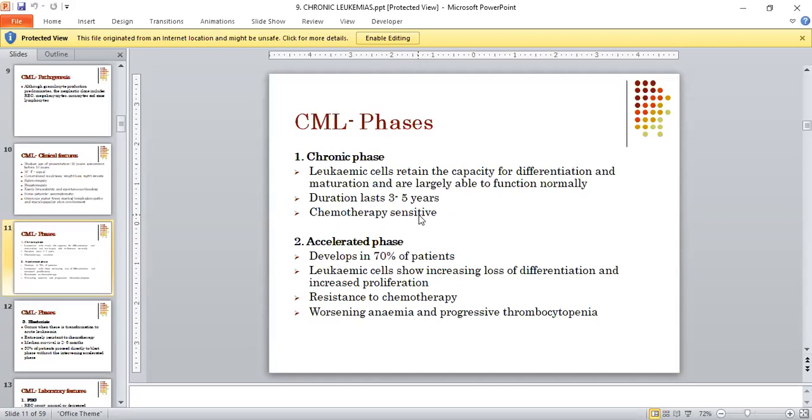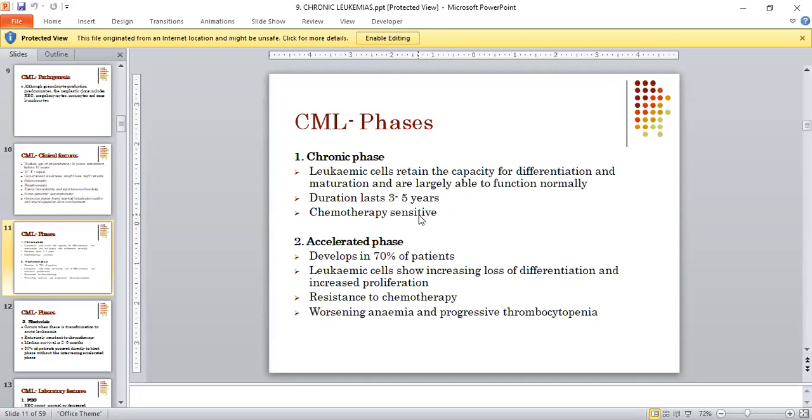Most of these things are caught serendipitously, accidentally. You go to hospital for something unrelated, they do a profile of your blood, they realize the results are weird, so they do more investigations and discover you have some of these problems. So the second phase, the accelerated phase, occurs in about 70% of the patients in whom it wasn't caught in the chronic phase. Leukemic cells show increasing loss of differentiation and increased proliferation.